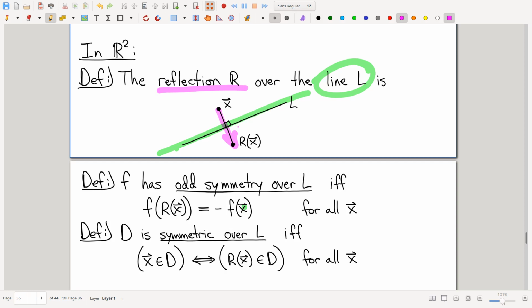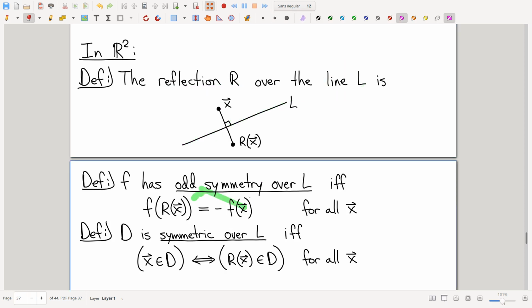So with this idea of a reflection in mind, we're going to define oddness in exactly the same way that we did for single variable. Odd just means that if you plug in the reflection of a given point, you will get the negative of the value of the function that you would have gotten at your original point. Exactly the same idea.